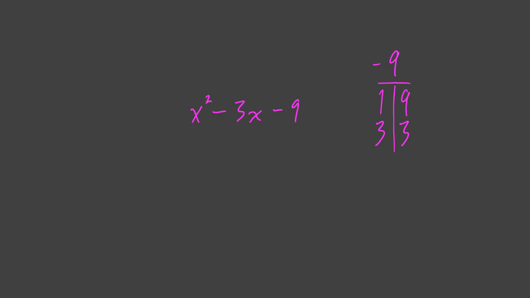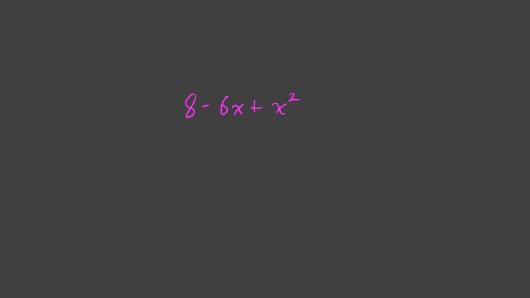Now, it looks like it doesn't matter which of these factors is negative. Neither of these pairs can add up to -3. This quadratic is also prime. So please look in the description. Again, you can find videos on how to factor this.